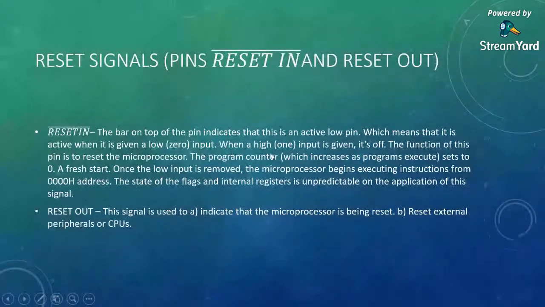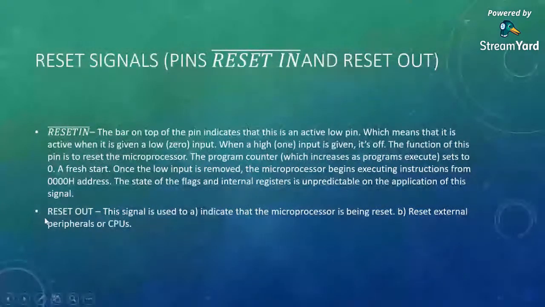When it is high, the activities of the reset will be off. The function is to reset the microprocessor. So the program counter, which increases as the program executes, is set to 0, a fresh start. So when the low input is removed, the microprocessor begins executing instructions from the very first location, which is 0000 hex.